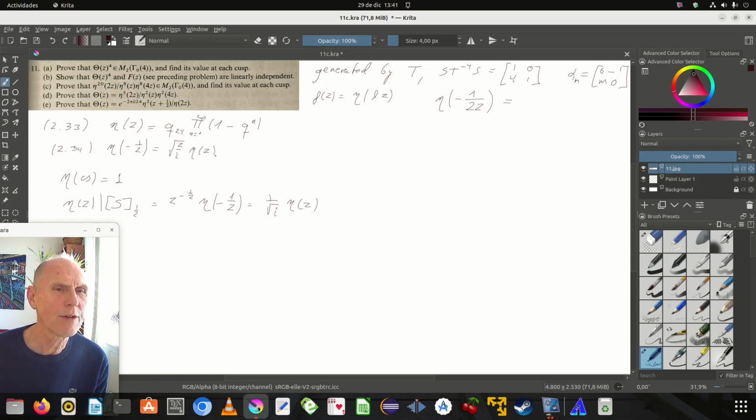The simple thing is to just use this, and put 2z into z's place. And the same with 4z.